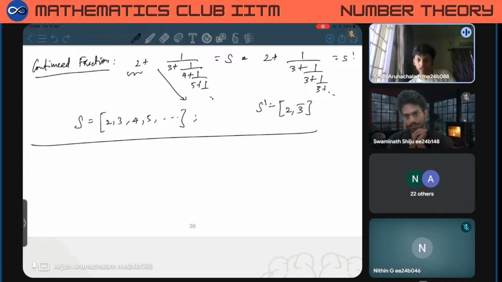But this is clearly non-terminating, in fact endless, right? So if you have an infinite continued fraction, then it's not a rational number. And the deeper you go into the fraction, the closer it is to the number itself.